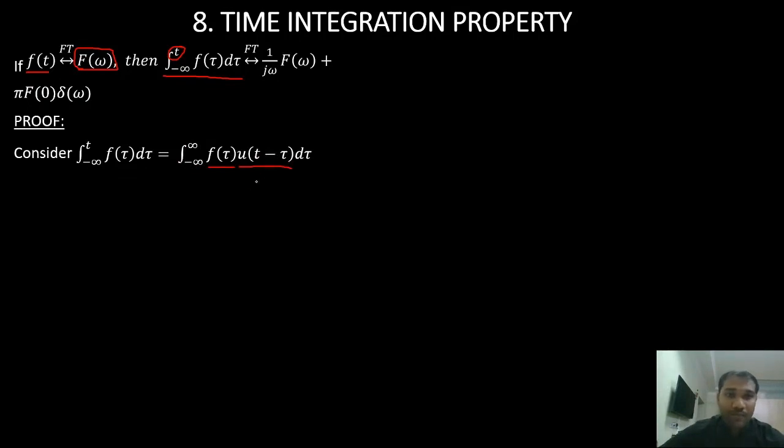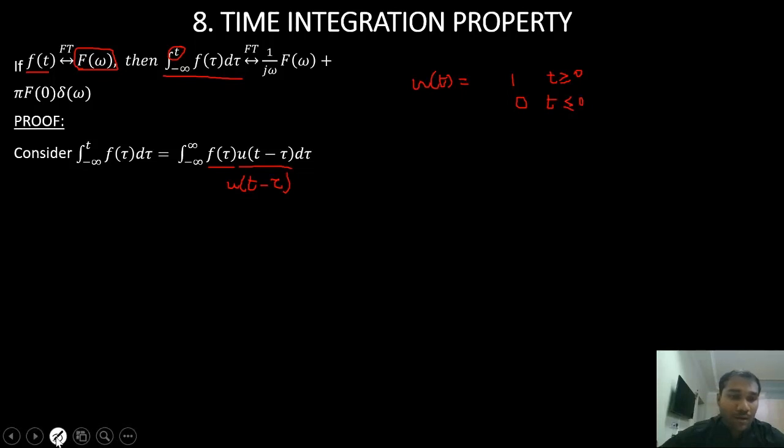Let us see how. So how is u of t defined originally? u of t is equal to 1 for t greater than or equal to 0, 0 for t less than 0.